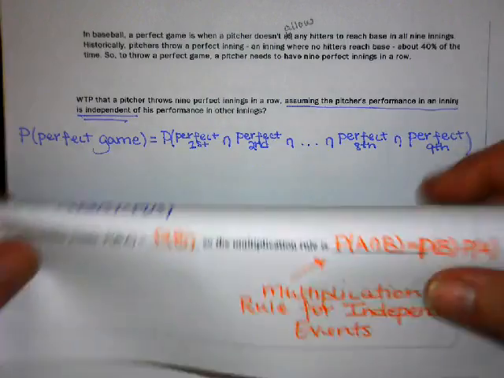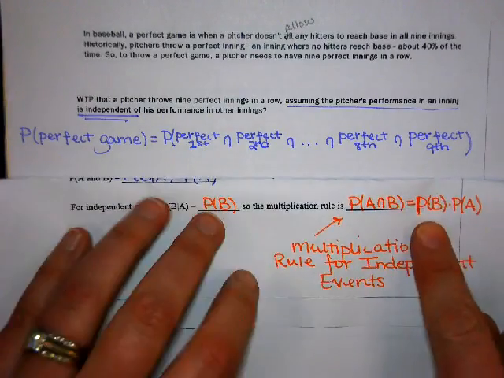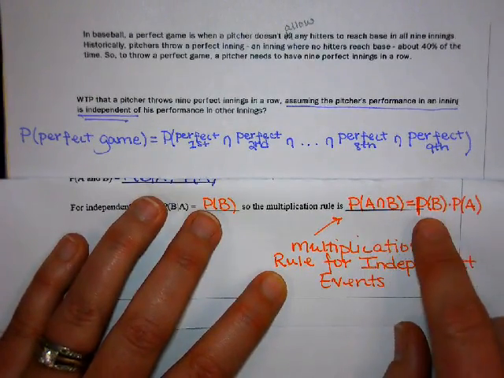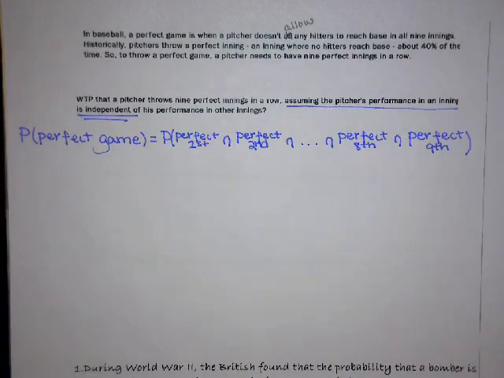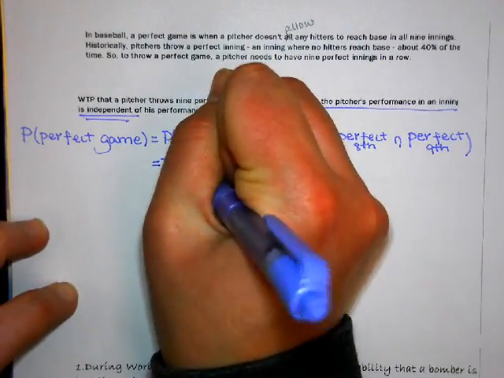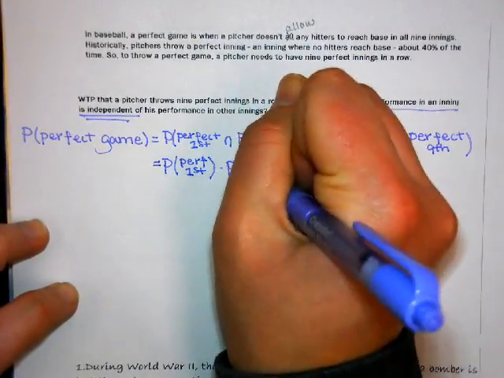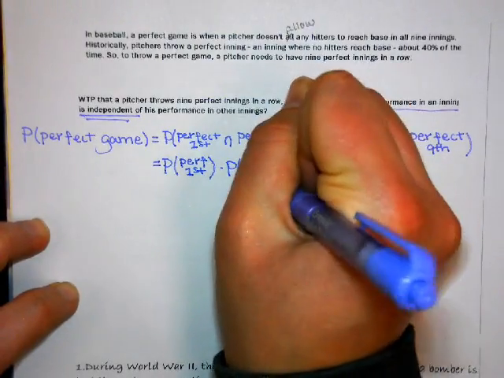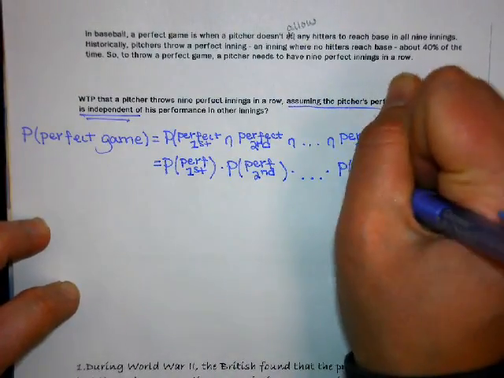So the probability of A and B comes from the probability of A times the probability of B. So to find the probability that it was a perfect first inning and a perfect second and a perfect third and fourth and fifth all the way through the ninth, I get to take the probability of a perfect first times the probability of a perfect second times the probability of a perfect third times the probability of a perfect fourth and fifth, 6th, 7th, 8th, 9th.